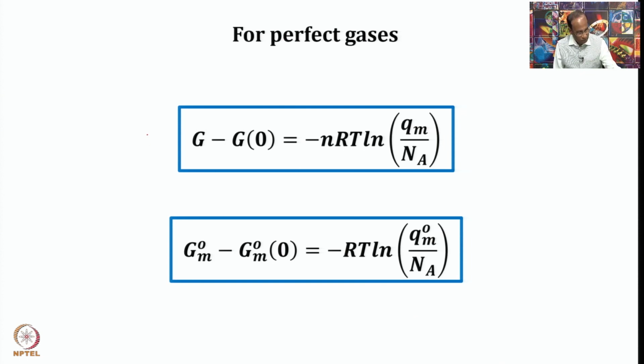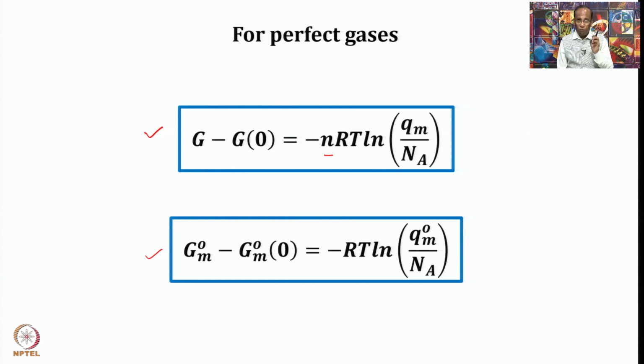So for gases, we derived this equation, G minus G0 is equal to minus nRT log q, or you can consume n and convert G to Gm. We also invoked the standard state condition.